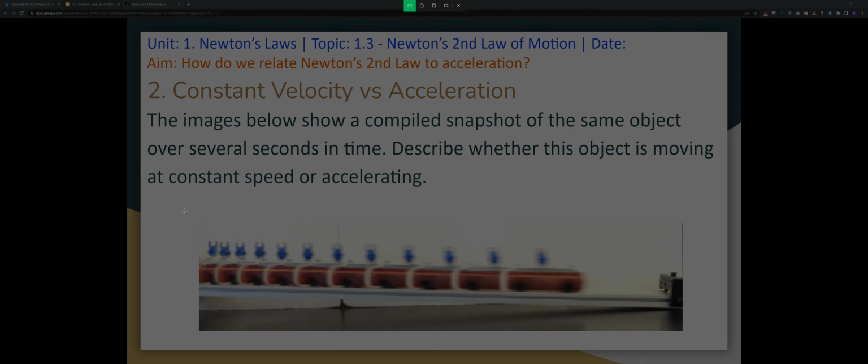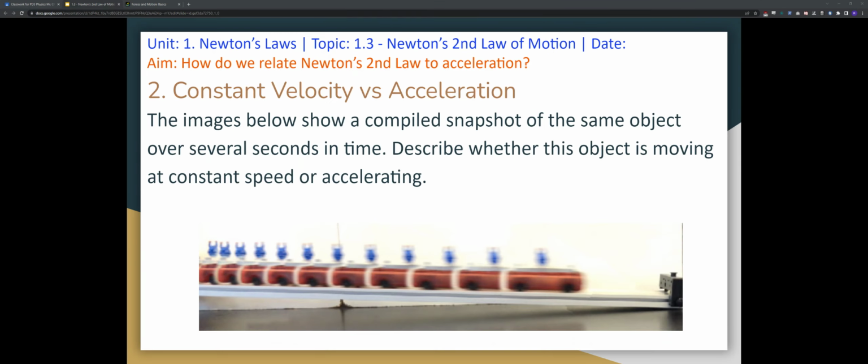Well, what about this image right here? You can tell, is it moving at constant speed or is it accelerating? If you think about it, you can clearly see that the distance between each interval, this object is traveling a greater distance each second.